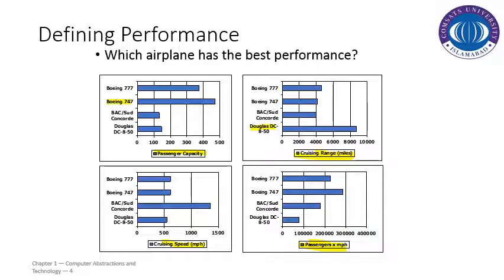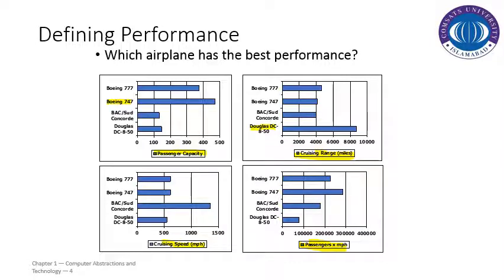We can see the example of the Boeing 747 here. With respect to passenger capacity, the Boeing 747 is efficient, but if we compare the cruising speed, it's not efficient as compared to the other systems. So the overall performance depends upon all these factors, and sometimes there is a trade-off between the performance parameters, and we have to have a system or a standard in order to compare and evaluate the performance.